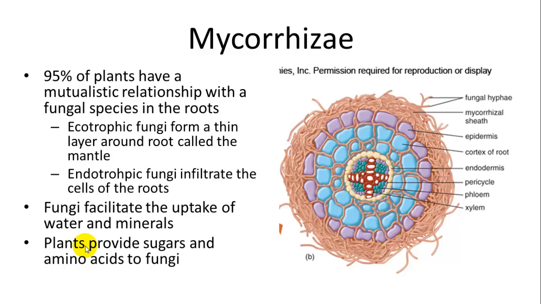There are two different types. Ectotrophic fungi form just a thin layer around the root, and then there's endotrophic fungi, which is what you have here, where the fungi actually infiltrate the different cells and go into the plant itself.